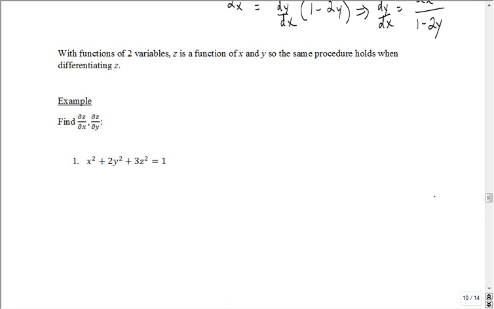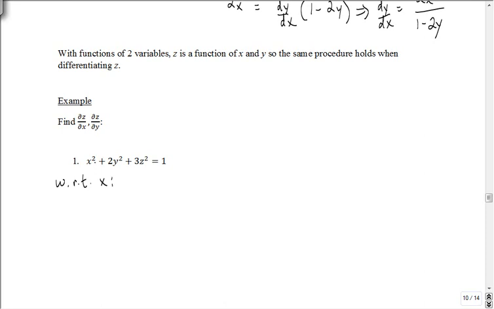Okay, so let's first find partial of z with respect to x. You are going to partially differentiate each term.